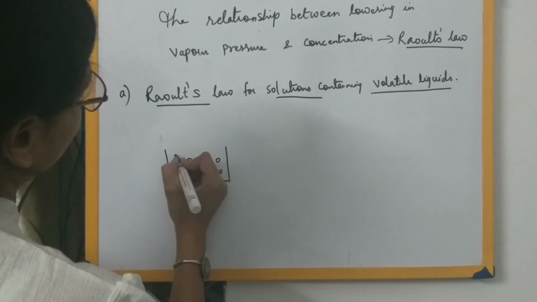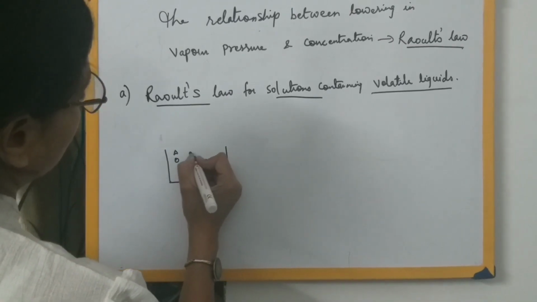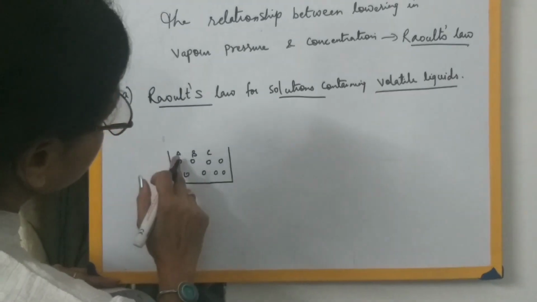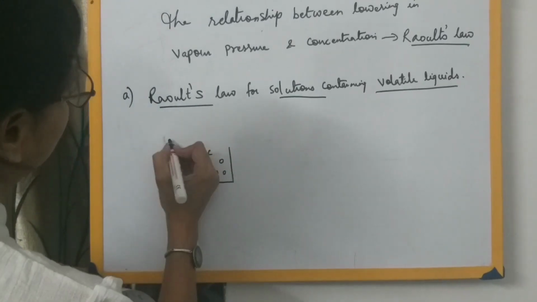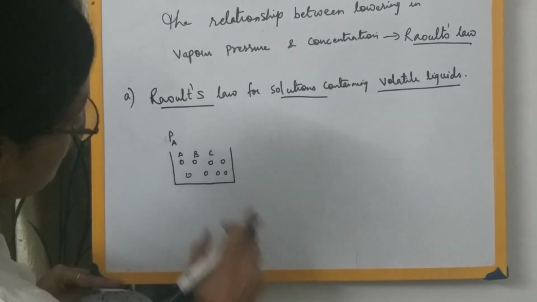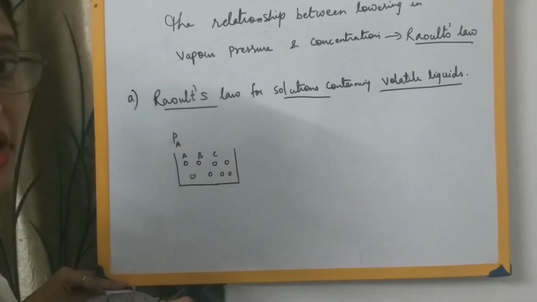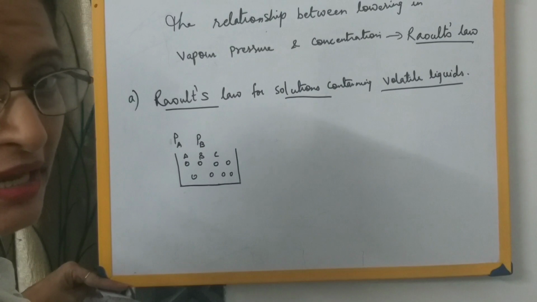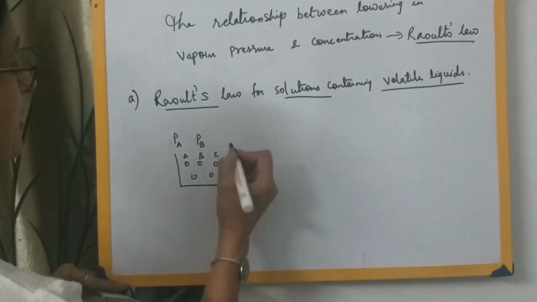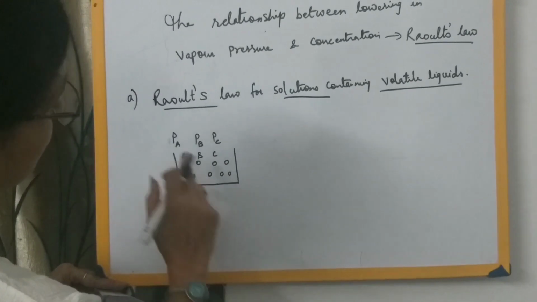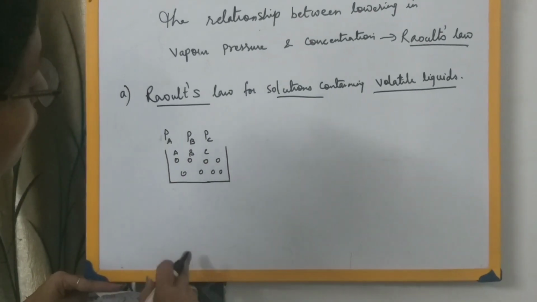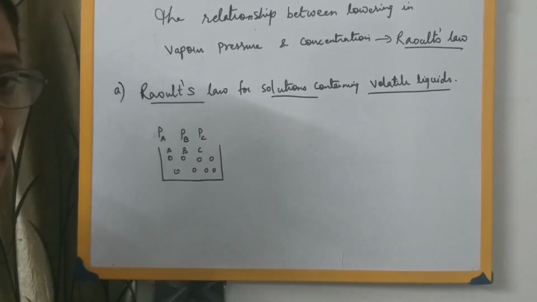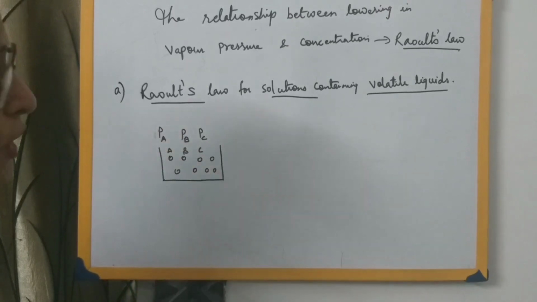Let these be particles of A, particles of B, particles of C. The pressure exerted by A will be called the partial pressure of A, represented by PA. The pressure exerted by B is the partial pressure of B, and we call it PB. The pressure exerted by C is the partial pressure of C, and we represent it by PC. So these are the three liquids present in the container, and their partial pressures are PA, PB and PC.